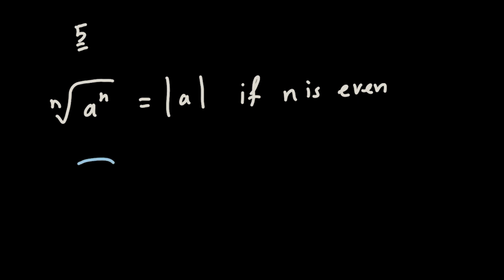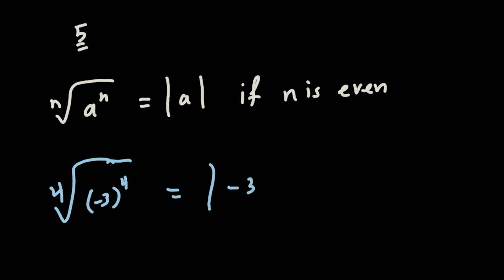If we have the fourth root of minus 3 to the power 4, that would equal the absolute value of minus 3, and that would equal 3. Why? Because simply we can cancel this with this, but since the power is even, we'll just add an absolute value to the answer and we'll get a positive answer.